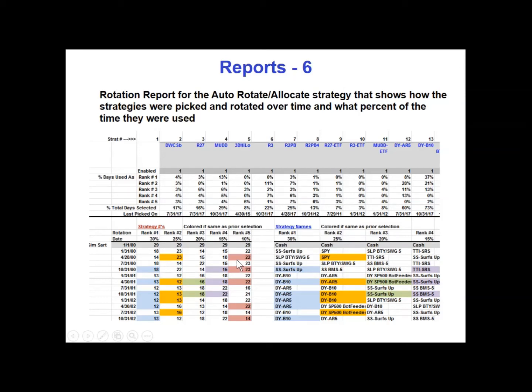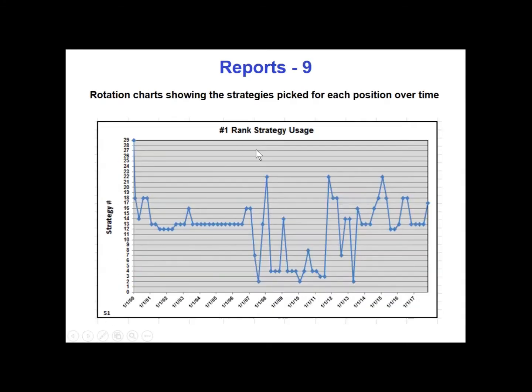So if it doesn't have data, remember we rotate at the end of the month, so there'll be a rotation potentially on 1/31. But you start your simulation at 1/15. It doesn't know what to pick, so it's going to put cash in there. So almost every time, looking at this chart, it's going to start on 29.